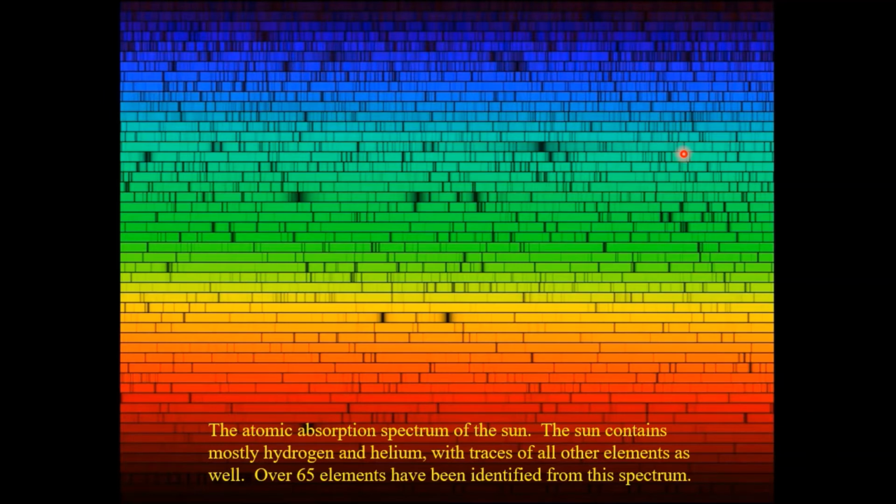So by analyzing this very complicated spectrum, and notice it has many thousands of spectral lines in here, all these little dark notches represent one jump from an electron in one type of atom. Over 65 elements have been identified from the spectrum. So what that tells us is that our sun is made up of quite a few of the elements. In fact, almost all of the elements in the periodic table exist inside the sun.